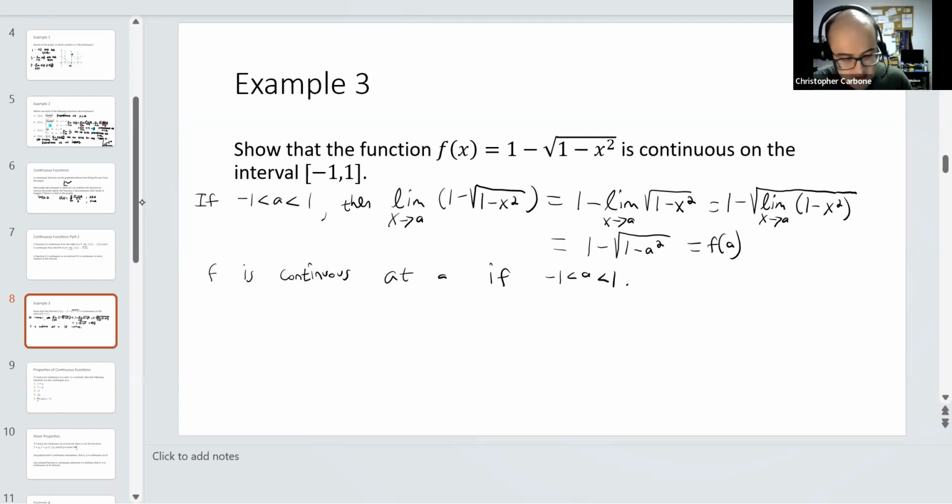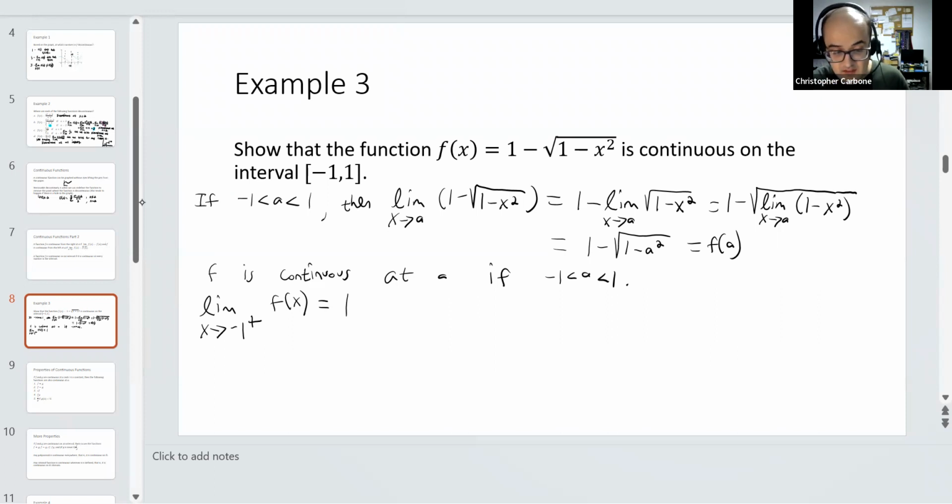We could see that the limit as x approaches -1, this being from the right-hand side of our function f of x, if we put in that -1, we get 1 minus the square root of 1 minus -1 squared. This makes a 0 in the radicand. So 1 minus the square root of 0 just gives us 1.